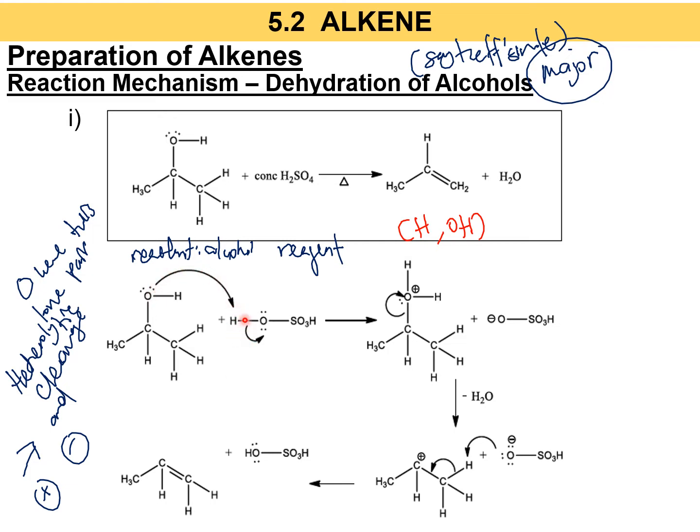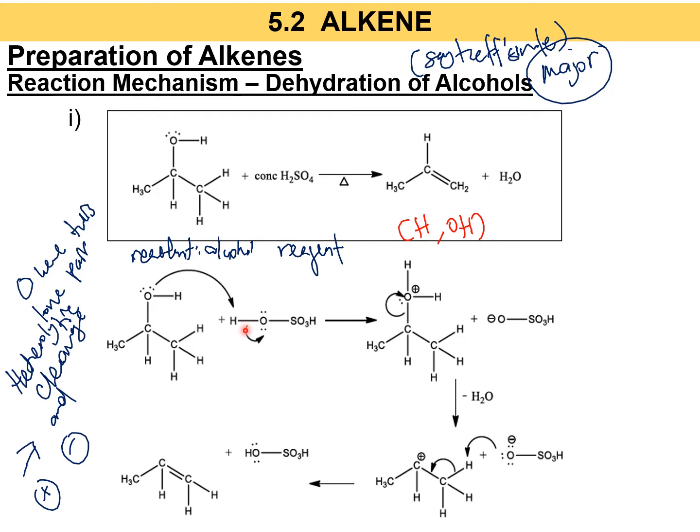So bila dia nak ambil this hydrogen dekat H2SO4, this hydrogen kena break the bond dengan oxygen ni of the H2SO4. So nak break the bond, again the beginning of the arrow has to be from the source of the electron. In this case, the source of electron ada dekat this bond. Ada berapa elektron? Ada dua kan?